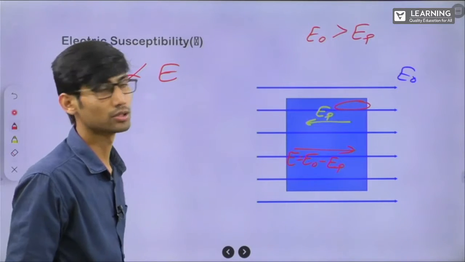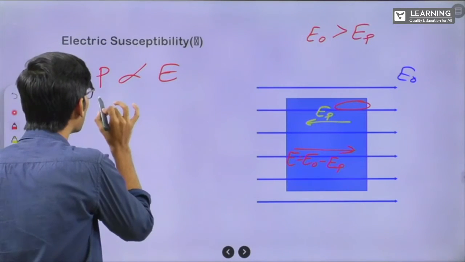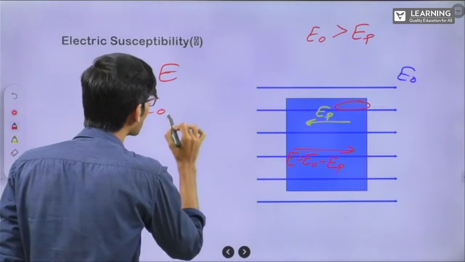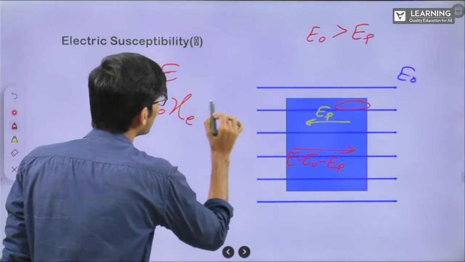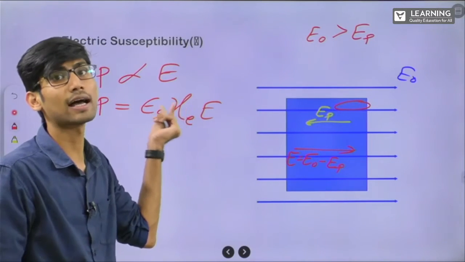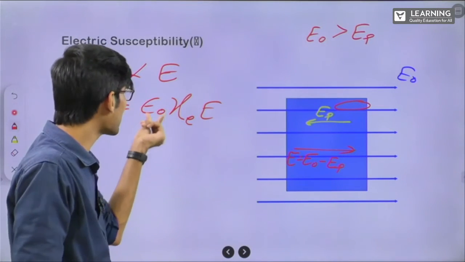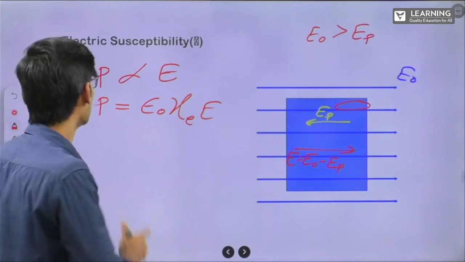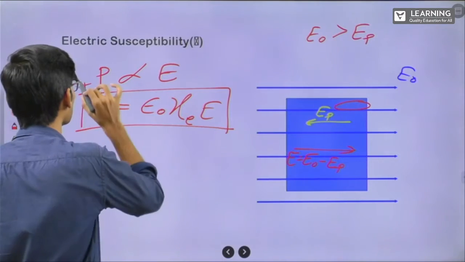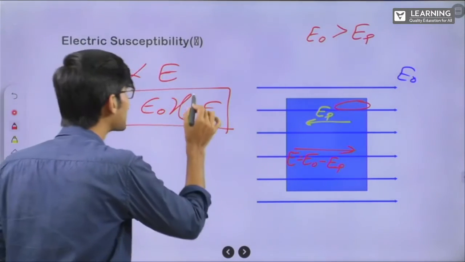Polarization is directly proportional to the electric field. Now polarization is equal to epsilon naught chi into E. This is not x, this is chi, we write it like x. This is polarization. Remember this.